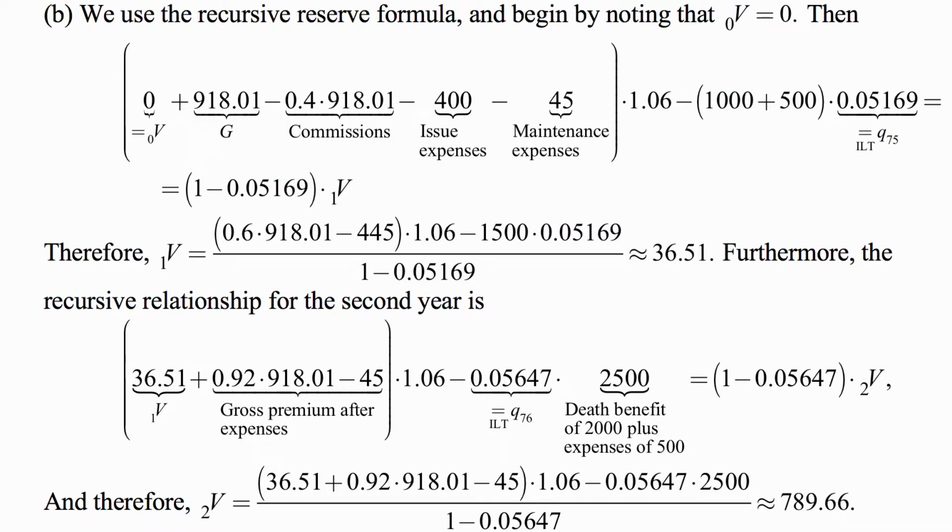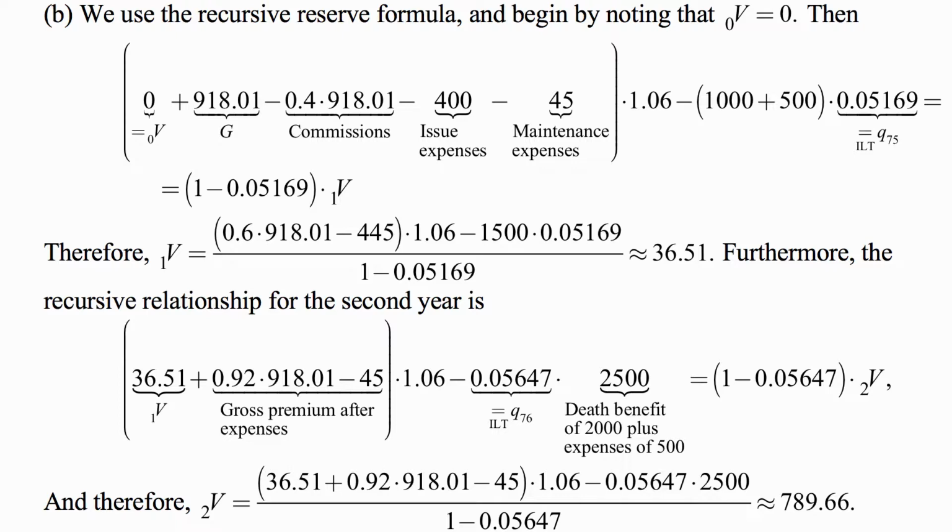For part B, we use the recursive reserve formula and begin by noting that the reserve starts at 0 as the policy starts, and then, of course, premiums are added and the reserve grows. So in this case, the initial reserve of 0 plus premium minus the commissions, minus issue expenses, minus maintenance expenses, accumulated with interest, after paying for the death benefit and expense, so 1,000 plus 500, for those who die, with probability q75 obtained from the illustrative life table, which is 0.05169, pays for the reserve at time 1.